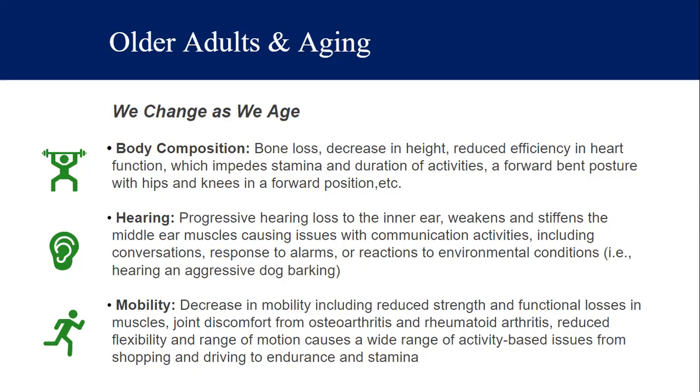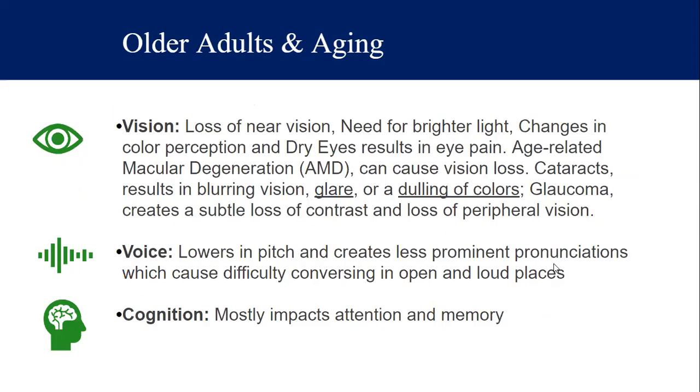Hearing, the inner ear can weaken, those muscles can weaken and stiffen, and definitely change how we can communicate as older adults, and certainly hear, whether we're in a restaurant and being able to hear the person next to us compared to all the other voices and sounds around. Can we still distinguish those? And that can get harder as we get older. And certainly mobility, having arthritis and maybe reducing some strength, etc., and range of motion can happen.